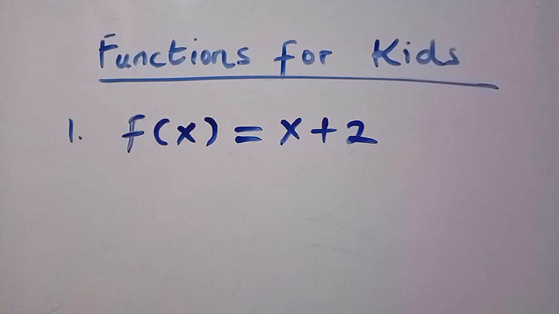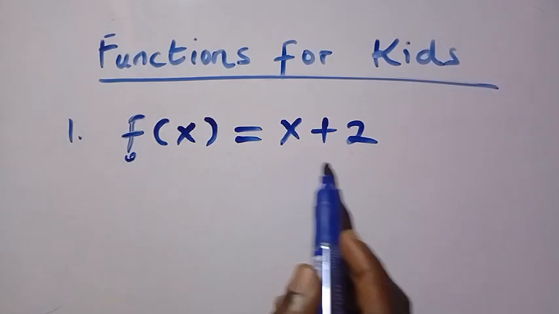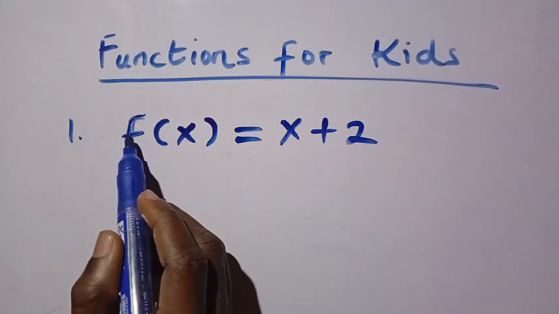So, I'll be showing you 8 different questions of different forms, from simple patterns to slightly harder but clear. You will learn this based on the input and the output. We have a function f of x equals x plus 2. We see that this f is representing functions.